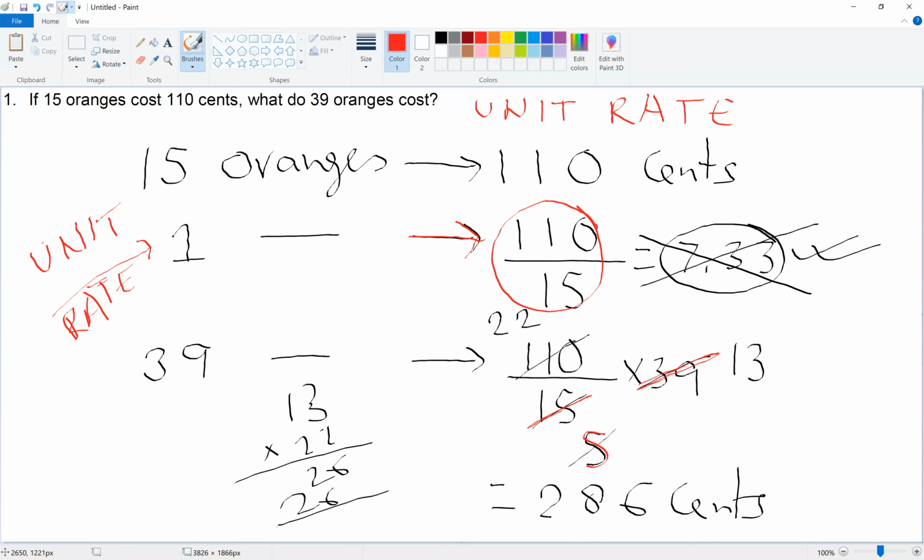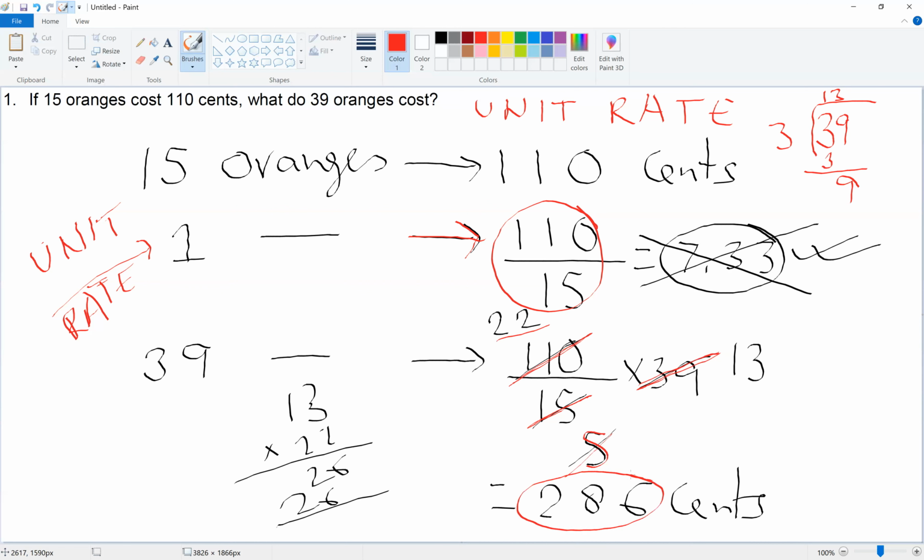Isn't it 13? And then I divided 110 by 5, and I got 22. It is simplifying the fraction. Okay.